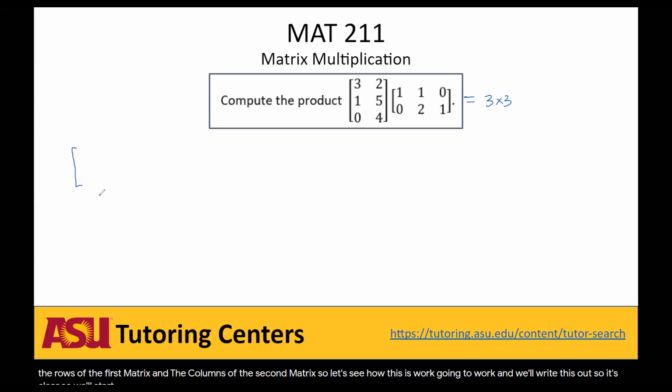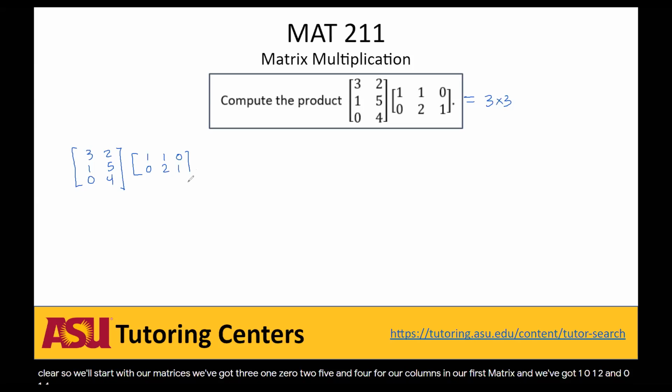So we'll start with our matrices. We've got 3, 1, 0, 2, 5, and 4 for our first matrix. And we've got 1, 0, 1, 2, and 0, 1 for our second matrix. And we're going to multiply these two. When you see them sitting next to each other like this, it just means we're multiplying them.